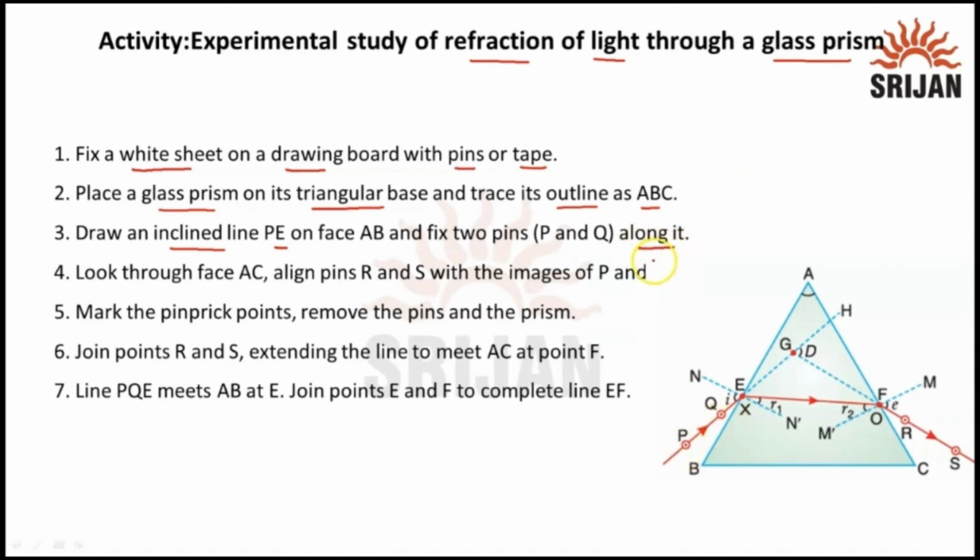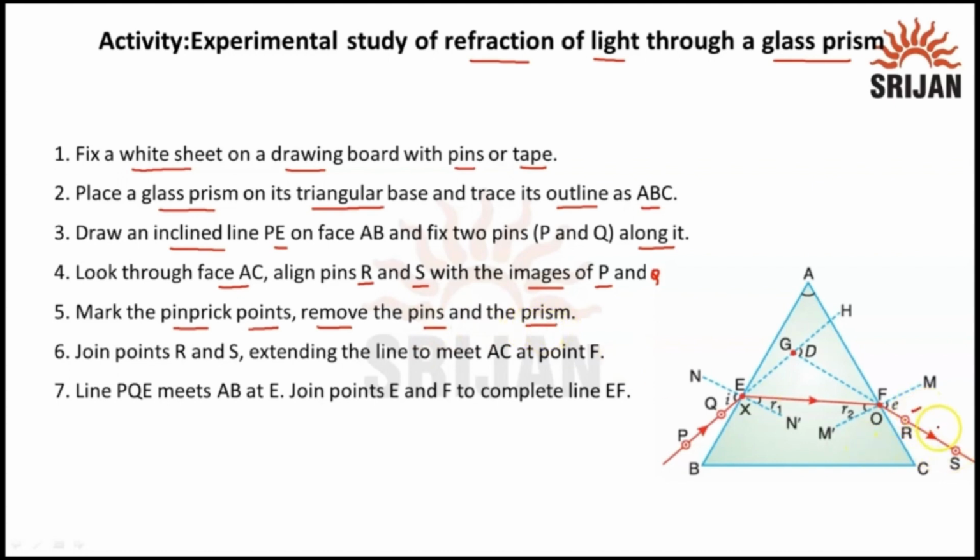Now look through these pins from the face AC. When you look through face AC, align the pins R and S with the images of P and Q. Mark the pinprick points, and remove the pins and the prism.